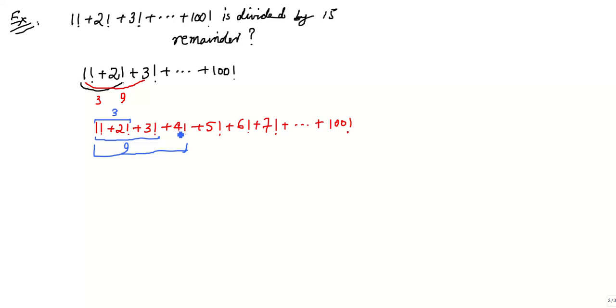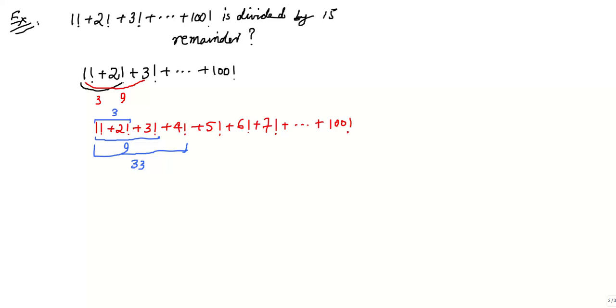So we add 24 here. 9 plus 24 is 33. So the sum of the first 4 terms is 33.